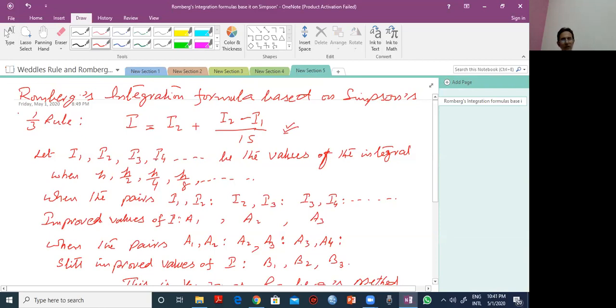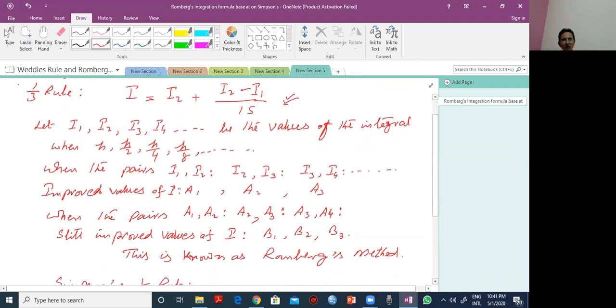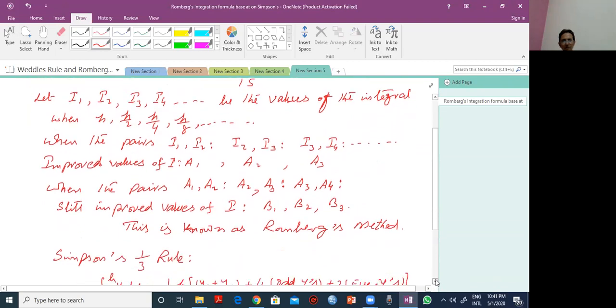Let I1, I2, I3 and I4 be the values of the integral when we consider h, h by 2, h by 4 and h by 8 and so on. The pairs we use are I1, I2, I2, I3, I3, I4. The improved values of the integral are A1, A2 and A3. For the pairs A1, A2, A2, A3 and so on, the still improved values of the integral we call B1, B2 and B3.